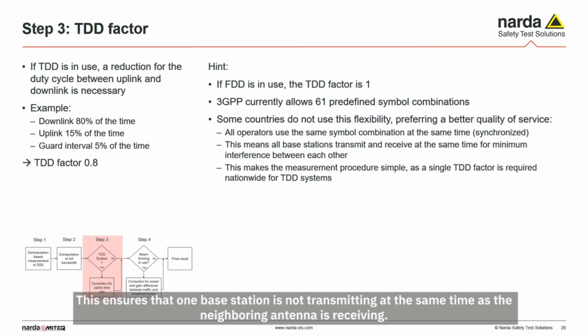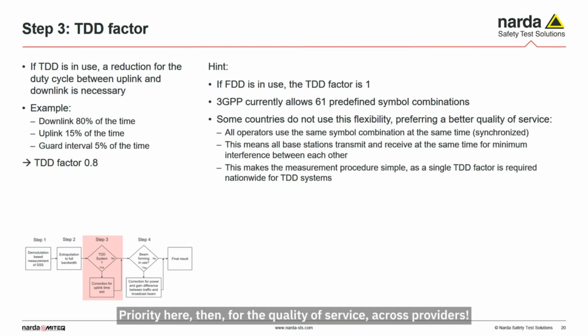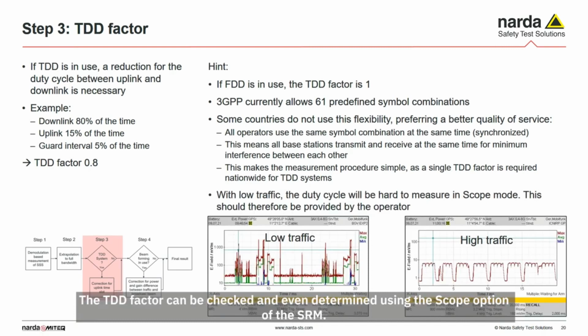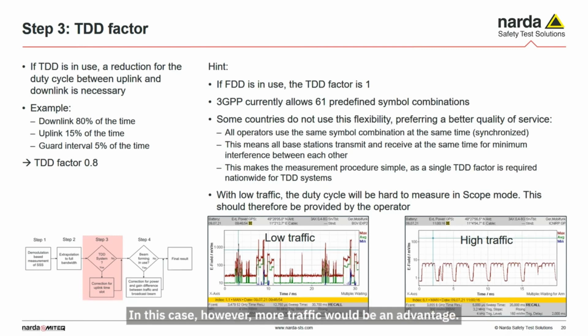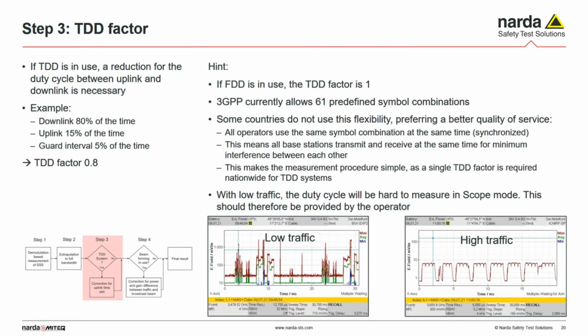This ensures that one base station is not transmitting at the same time as a neighbor antenna is receiving. Priority here, then, for the quality of service across providers. The TDD factor can be checked and even determined using the scope option of the SRM. In this case, however, more traffic would be an advantage.